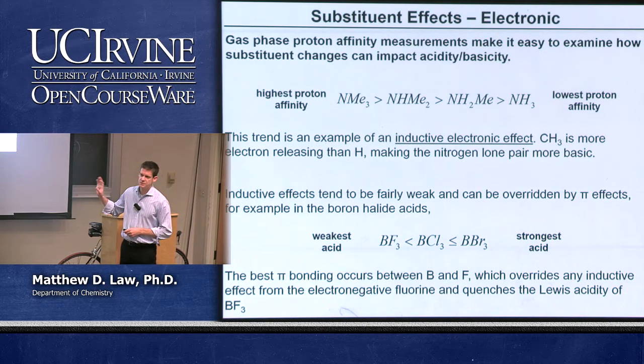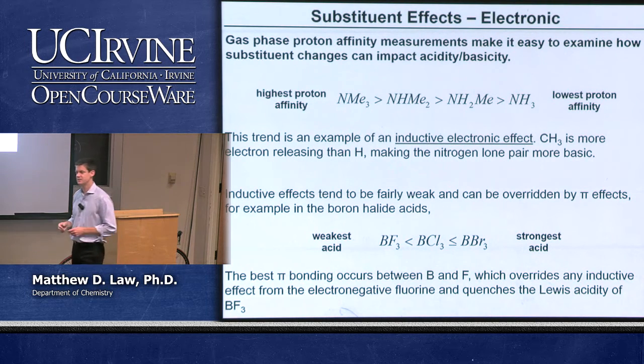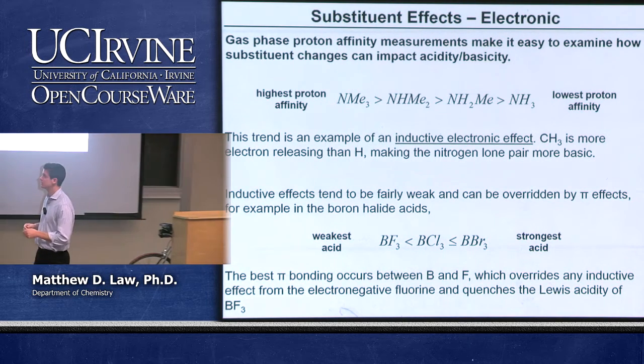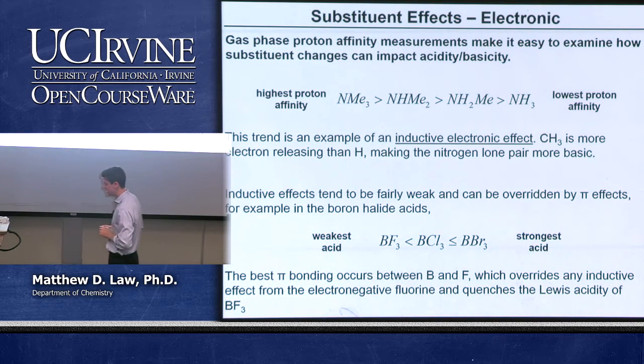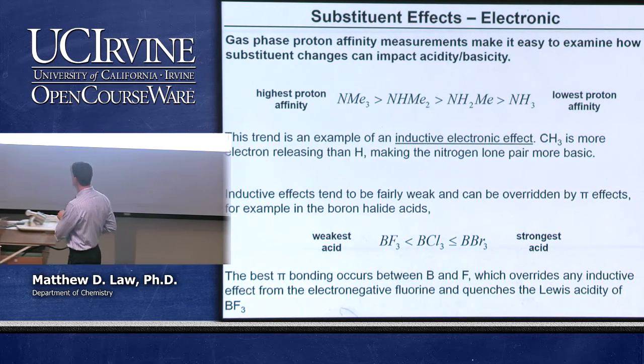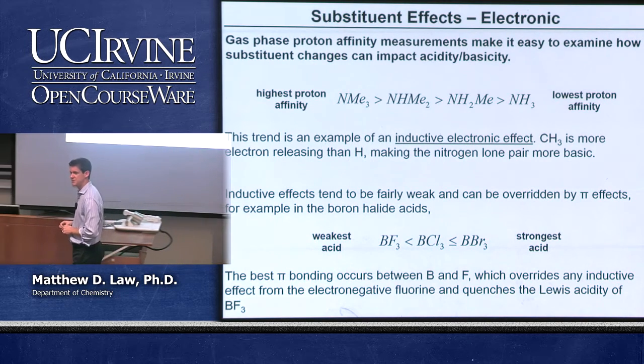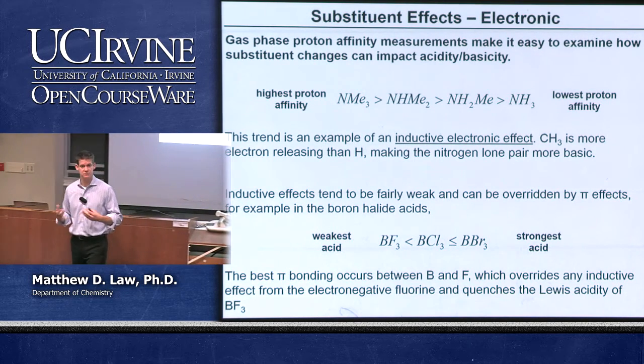So these particular trends here are shown for very simple, kind of clean compounds, where we're just adding methyls to the amine here, and we're just looking at a very simple Lewis acid and changing the halogen from one to another.